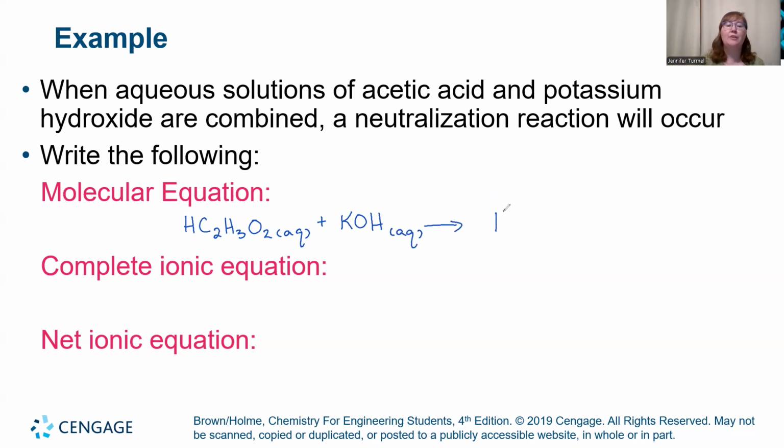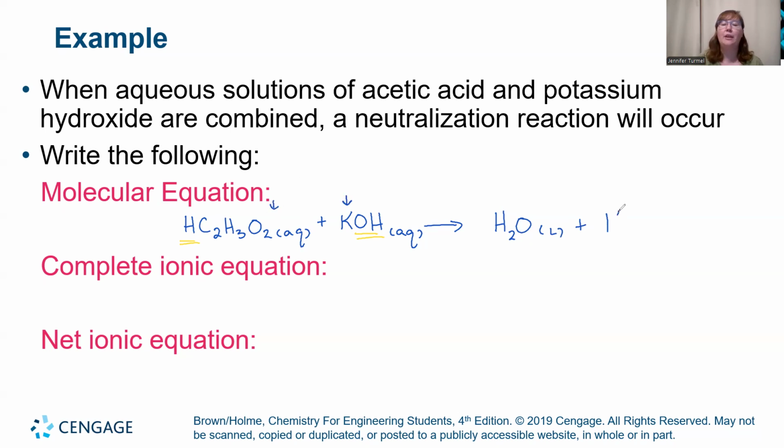Okay, and then it's going to form water. And you can see here that you have one proton and one hydroxide. So that's actually perfect. We're only going to make one water at the end, and it's liquid. And then here we have our potassium and our acetate.